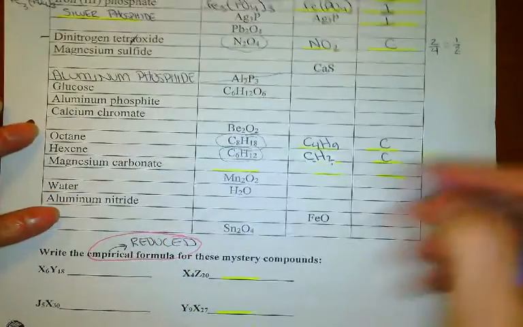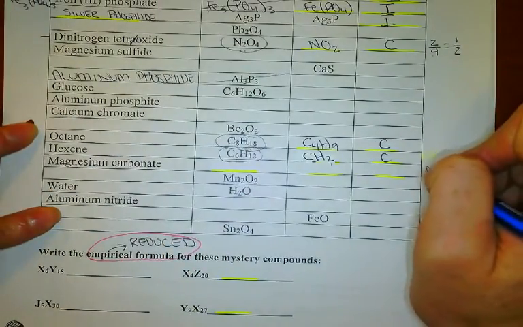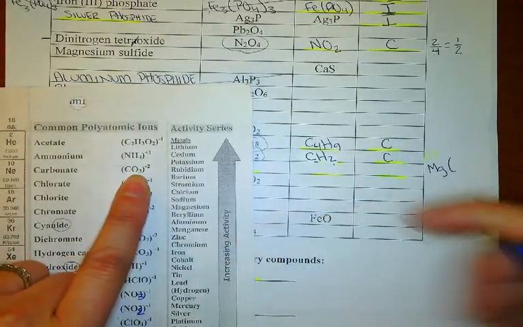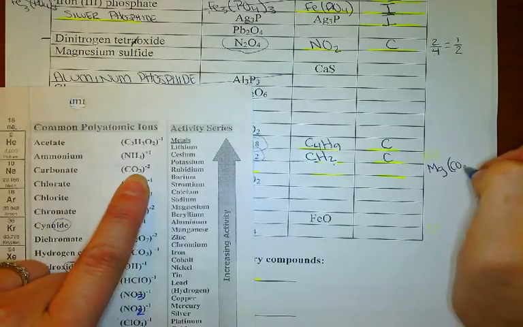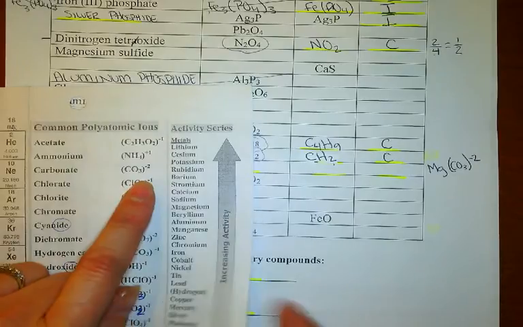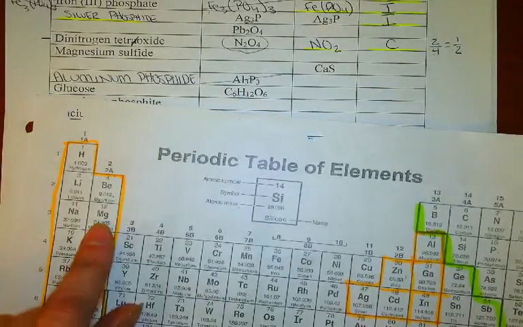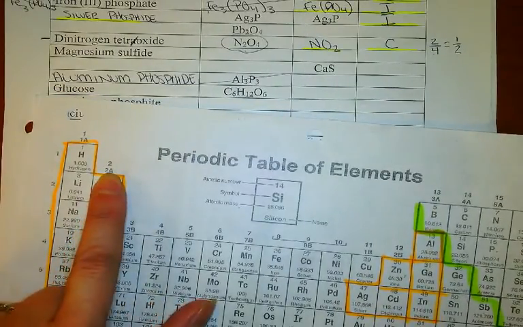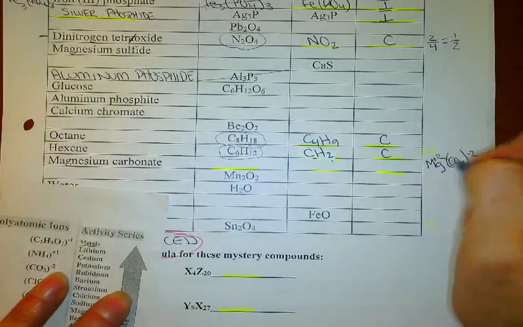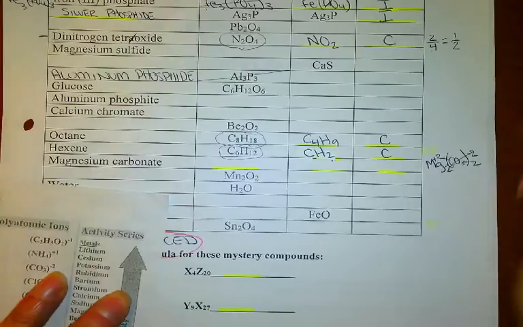Magnesium carbonate, if we're going to write that one, I'm going to do it over here where I have room. Magnesium is Mg. Carbonate right here is CO3, and that makes a -2 charge according to this polyatomic list. Magnesium over here in 2A always makes a 2 charge. So I'm going to call that +2. And then I crisscross 2 and 2.